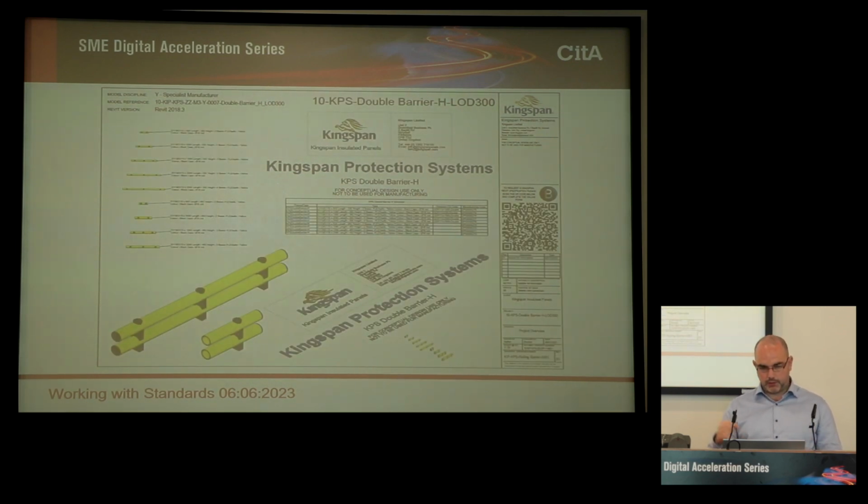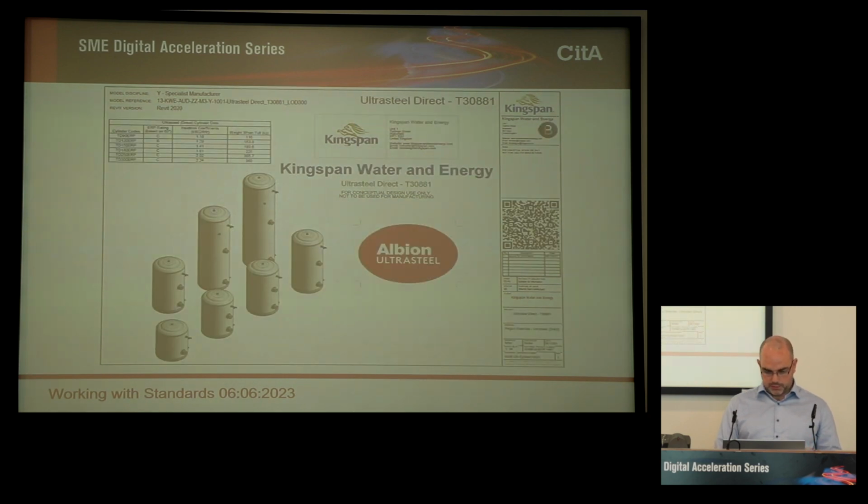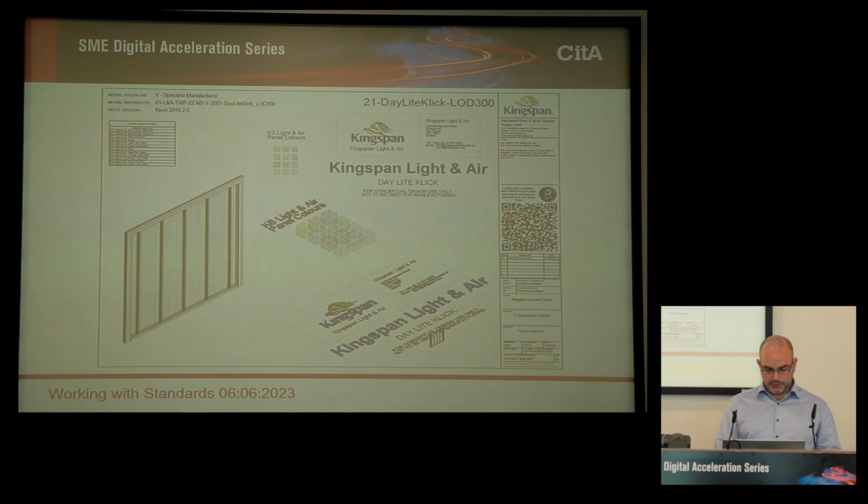And the thought is that once a user across the group that's familiar with Kingspan gets used to looking at this for Revit, they'll know exactly what they're looking at and what they can expect from the files. Water and energy. We start getting into light and air, which is starting to really take off. A lot of work there, and very complex products as well that we need to cover.